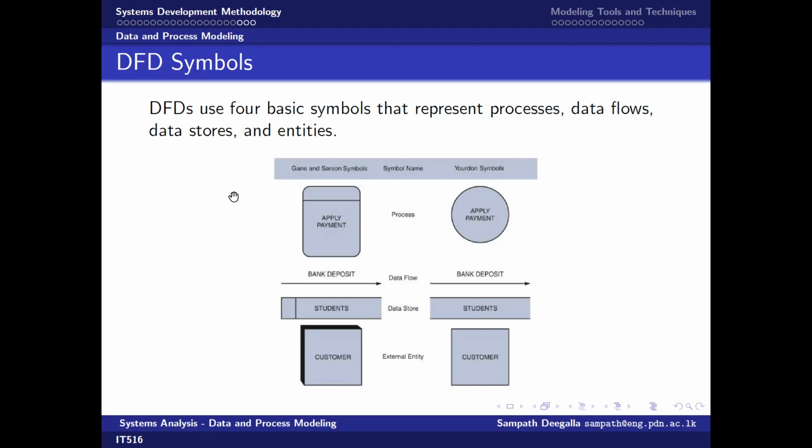In our case, we'll focus on Gane and Sarson's symbols, which means we will use a rectangle shape to indicate entities like customers, and data stores, meaning storing data in files, for example, students. All the processes look like a rectangle shape with rounded corners, and within that you will have the process name. Finally, connect each of these different parts using data flows, or flow arrows.